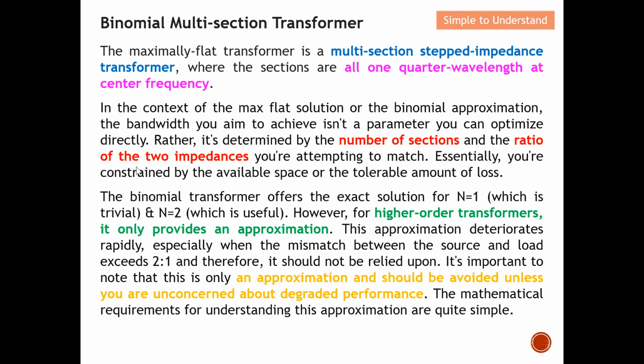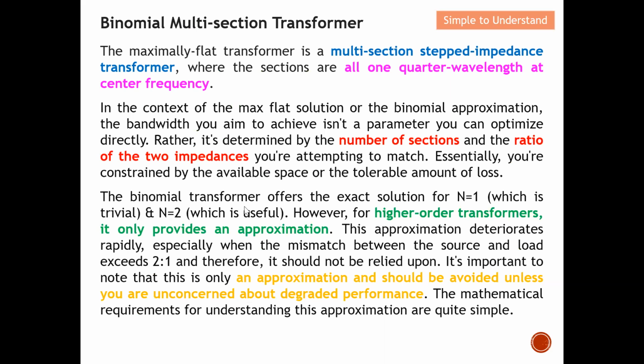Essentially, you will be constrained by the available space, which needs to accommodate all these sections. The more sections, the more space you occupy. So the constraint will be how much space you have to accommodate the multiple sections of the transformer, and also the tolerable amount of loss. Then you can use this so-called binomial, where the number of sections and the ratio of the two impedances control the bandwidth.